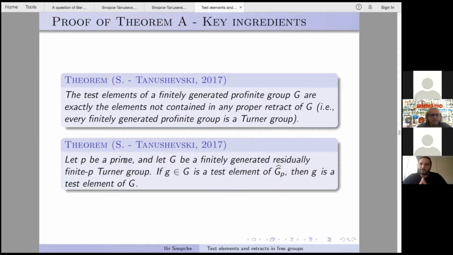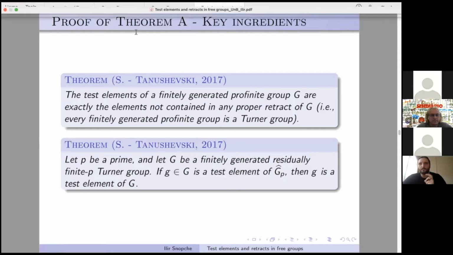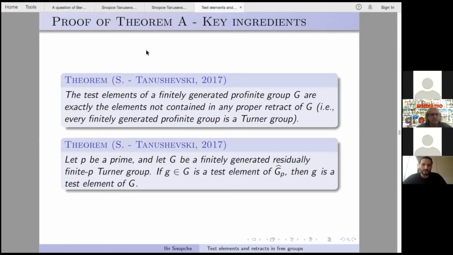Now one simple observation leads to a very tame theory of test elements in free pro-p groups. And what is this observation? When you are inside free pro-p groups, the only retracts are free factors. In discrete groups this is not true, but in free pro-p groups, the only retracts are free factors.